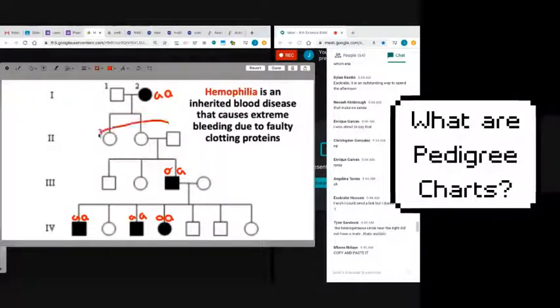Here we see that the grandparents have the disease, the kids don't have the disease, but then the grandkids have the disease. That means it's jumping a generation. So you already know that it's a recessive characteristic.